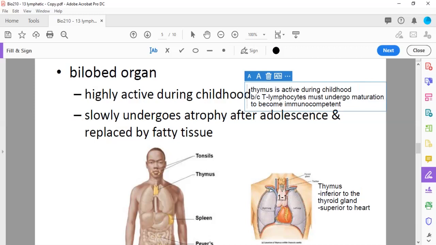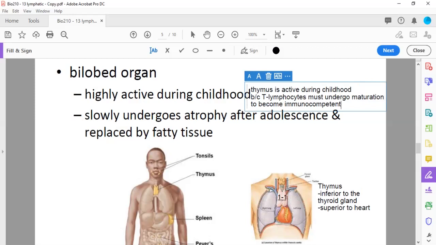So during childhood is when you are forming immunity, and hopefully by the time you reach adulthood, your immune system is fully developed. So this is the reason why it's active during childhood.